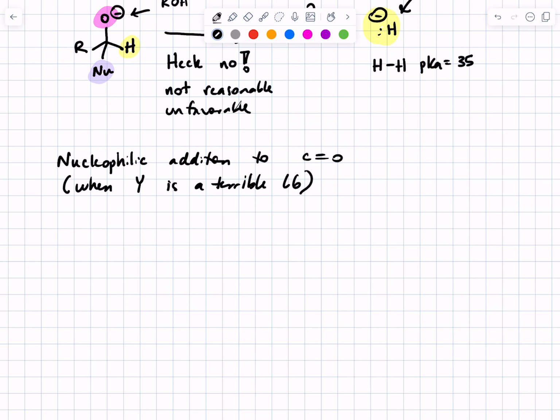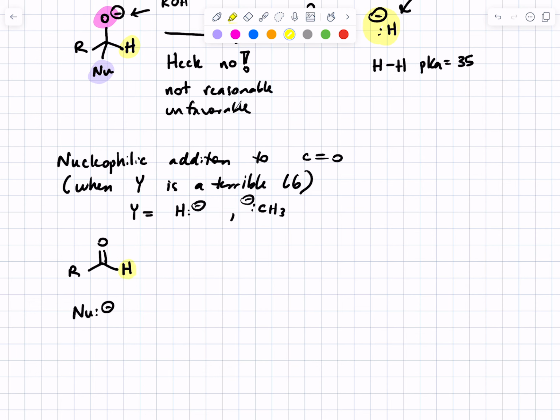So examples of times where Y could be a terrible leaving group might be where Y is H minus or CH3 minus, that is aldehydes and ketones. There are other examples of this. Let me just give you one, okay? And let's be still general about what the nucleophile is.